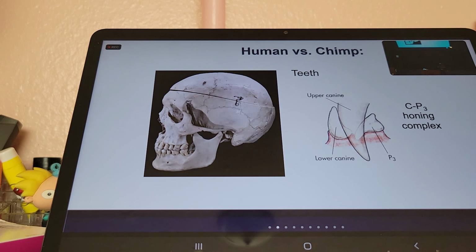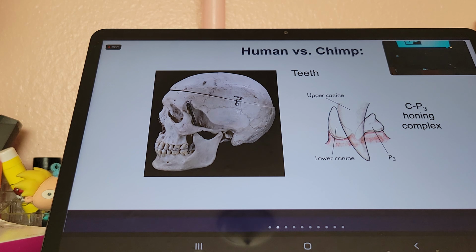Now, an associated trait in the teeth is the maxillary canine mandibular third premolar honing complex that's present in apes. And this is from a chimpanzee.